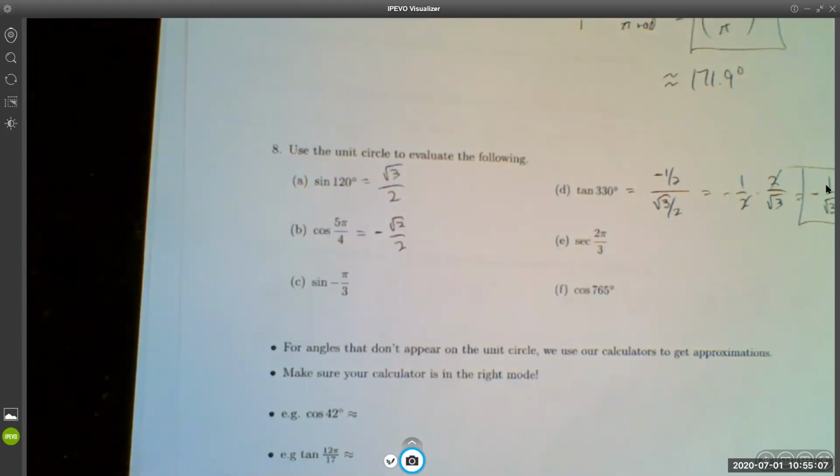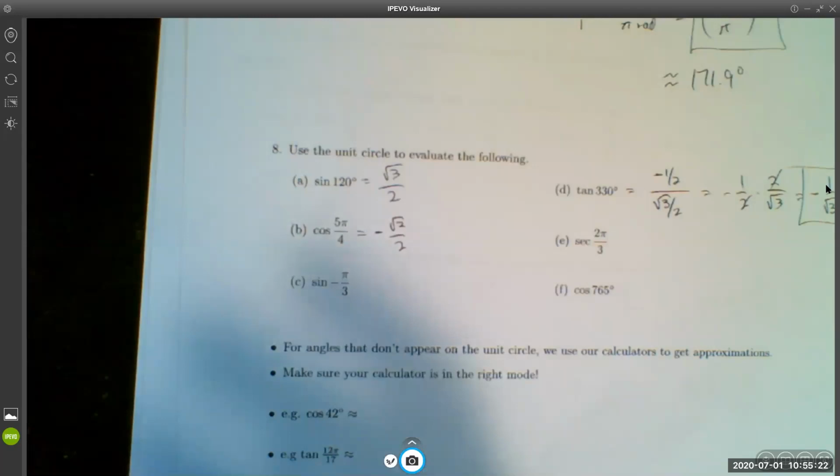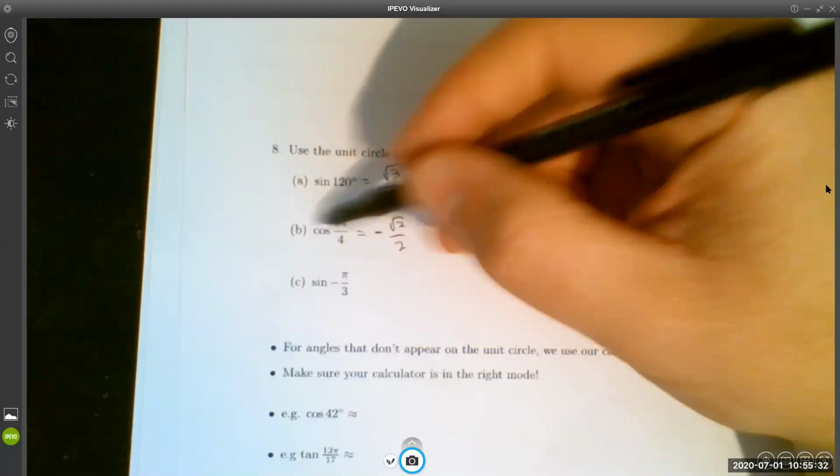You might need to send me an email or something and say, hey, can you explain reference angles to me? But the idea is that the angles in all of the quadrants of the unit circle correspond back to angles in quadrant 1. So if you can find the reference angle, like in part B, for example, I know that 5 pi over 4 is just pi over 4.